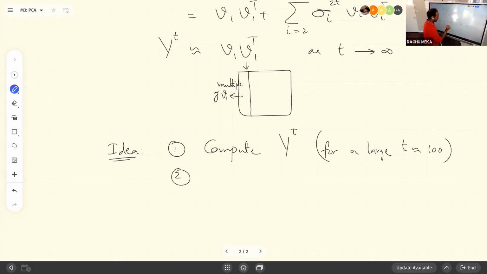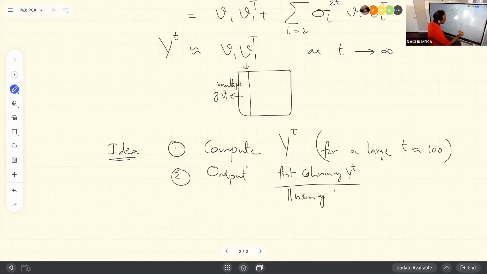Step 2, compute the first column, and output the first column of y to the t divided by the norm of the first column.